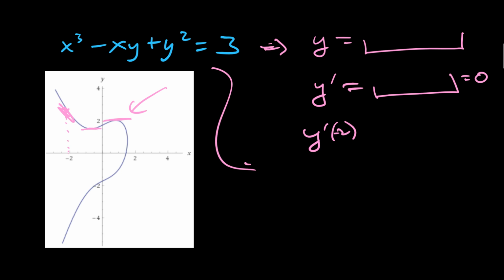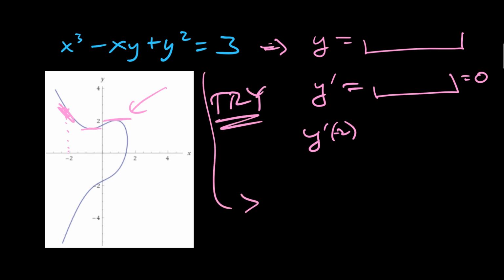The problem with this function, though, is y is kind of hard to solve for. You would have to use the quadratic formula with x, and it just gets really nasty. I would encourage you to try this, where you get y squared minus xy minus 3 plus x cubed equals 0.